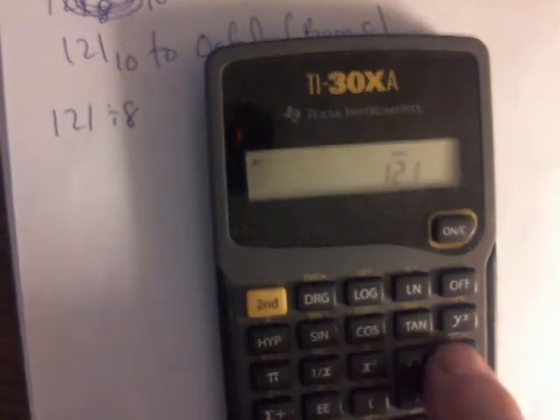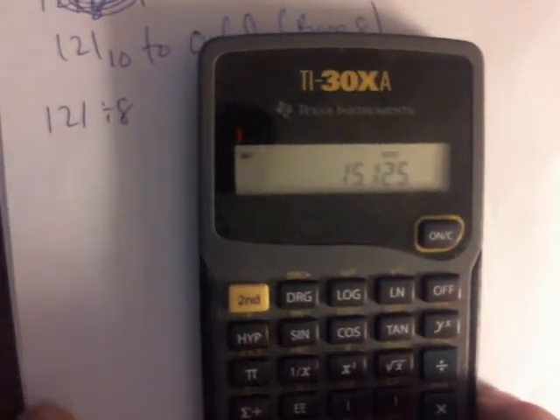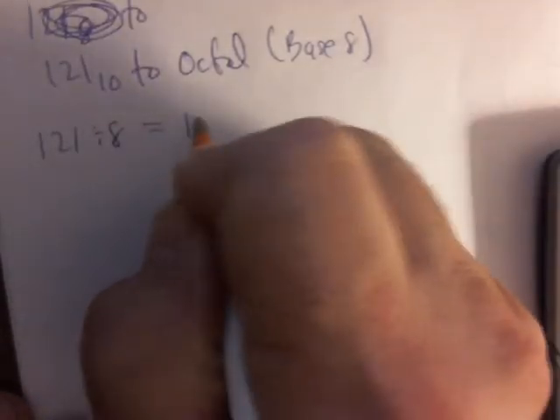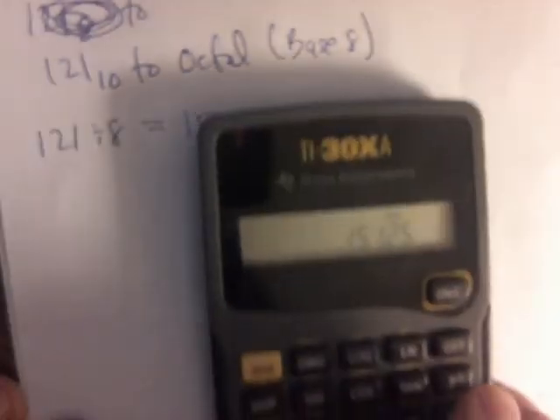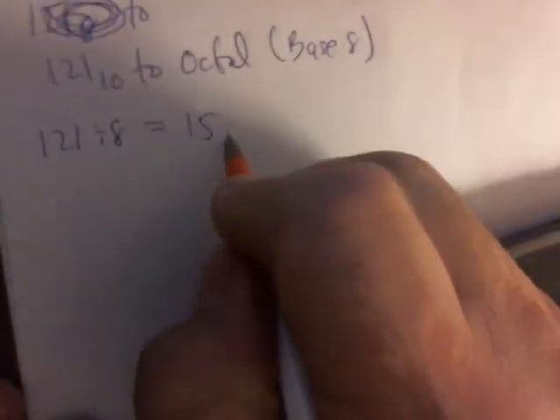So I'm taking 121 divided by 8. If you're using your calculator, you get 15.125. So I know this is 15. Now I take 8 times 15 to get 120, which means my remainder is 1.